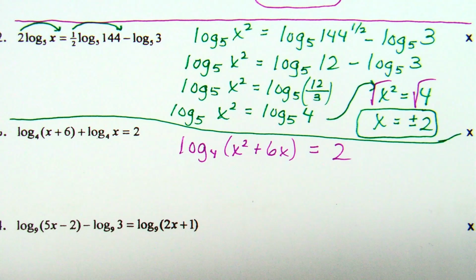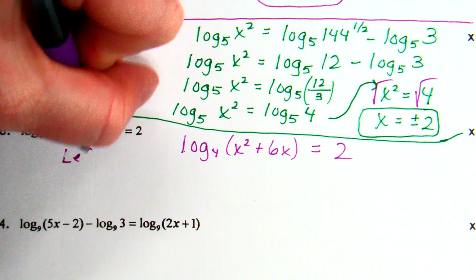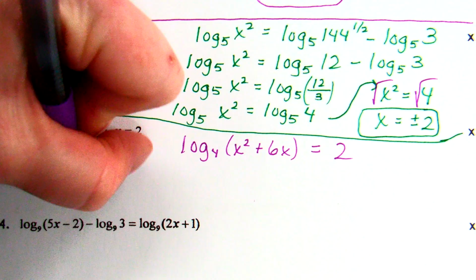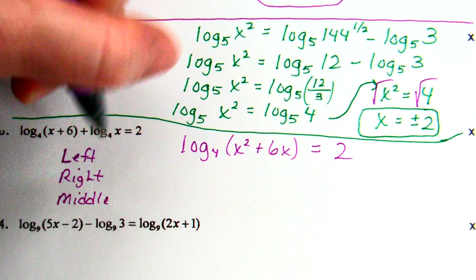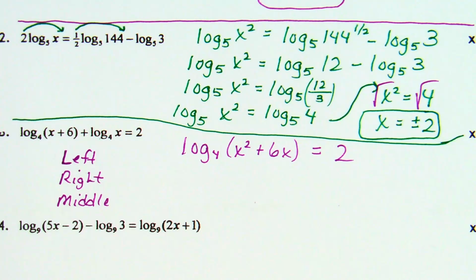Left, right, middle. When you have a log only on one side, and you're kind of at a stuck point, you need to go back and think left, right, middle. Okay? So do you remember how left, right, middle works?